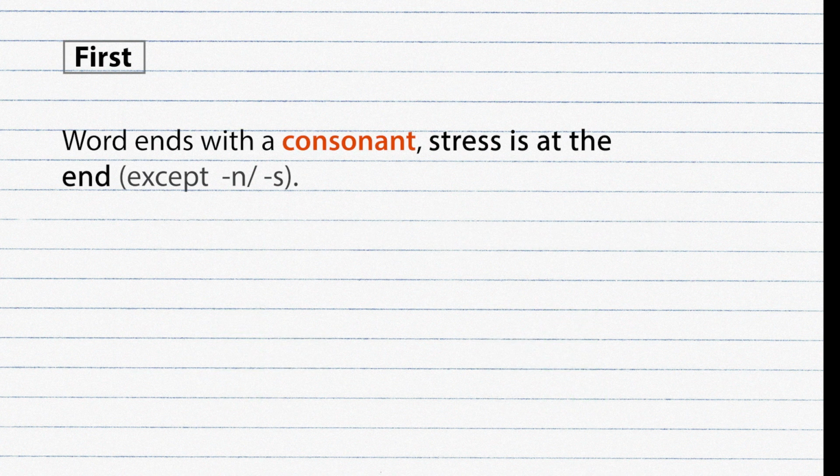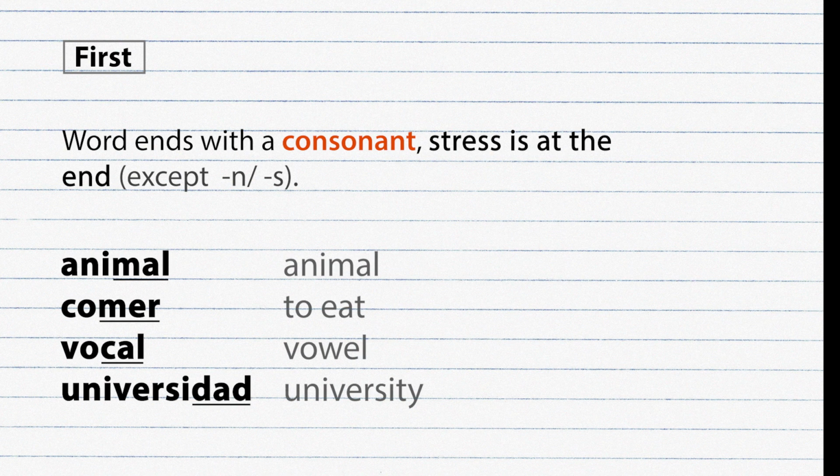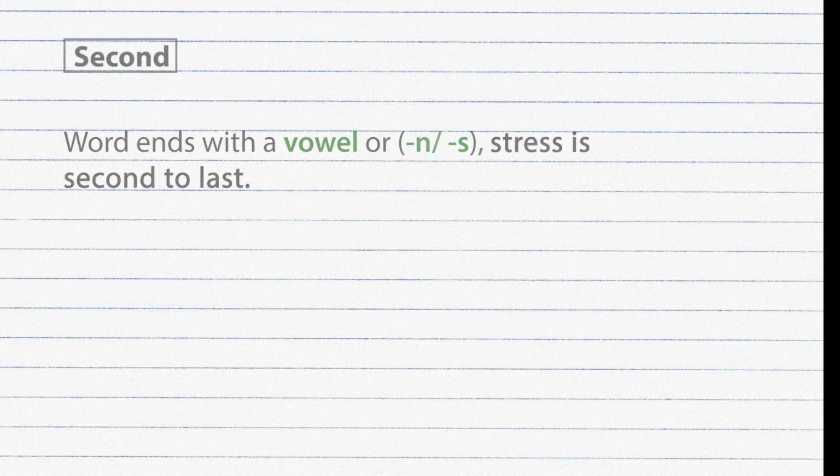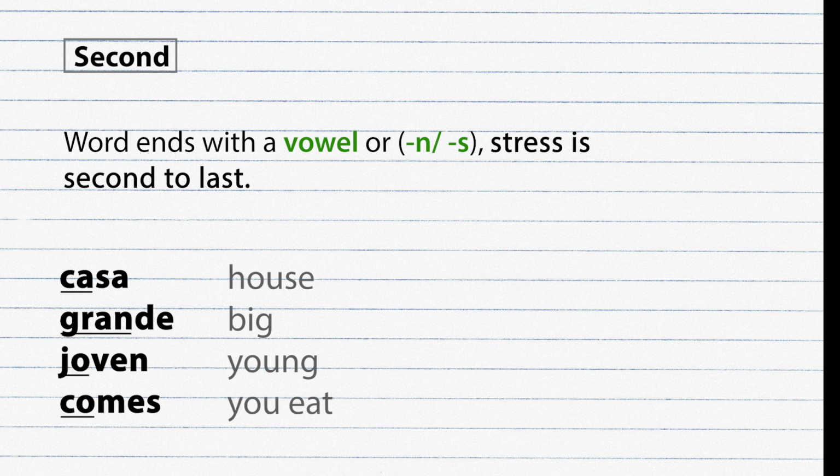First rule: if the word ends with a consonant, then the stress is at the end, or the last syllable, except for N and S. Example: animal, comer, vocal, universidad. Second, if a word ends with a vowel, or N, S, then the stressed syllable is next to the last. Casa, grande, joven, comes.